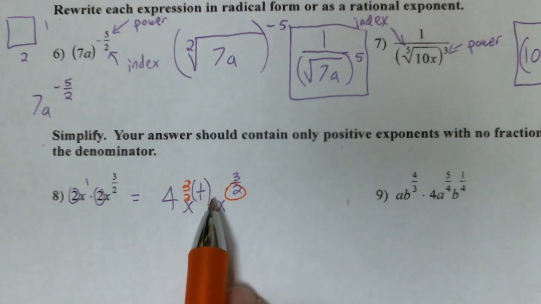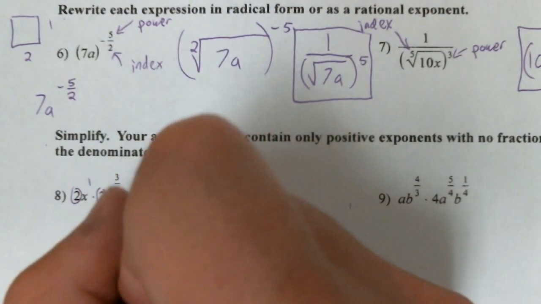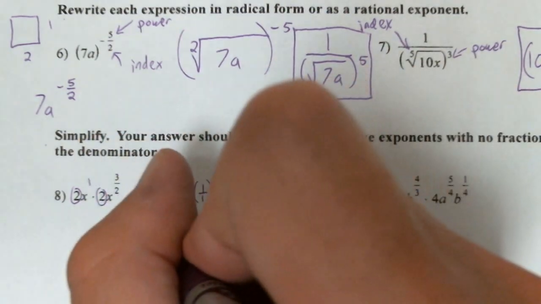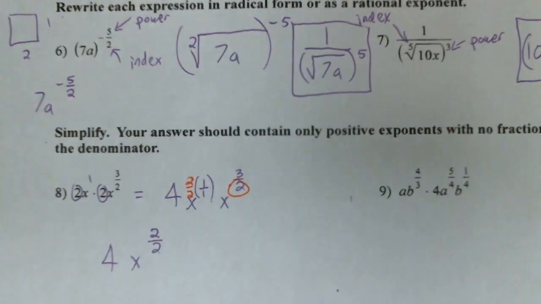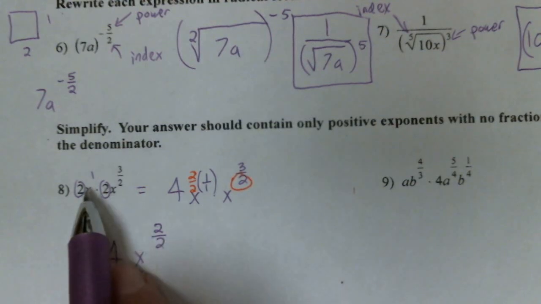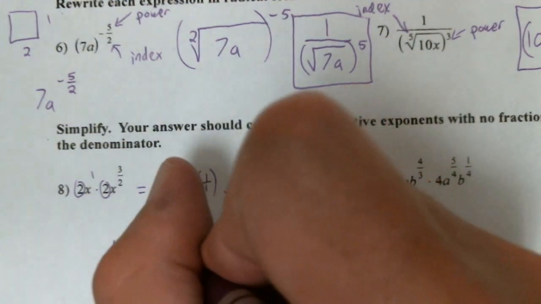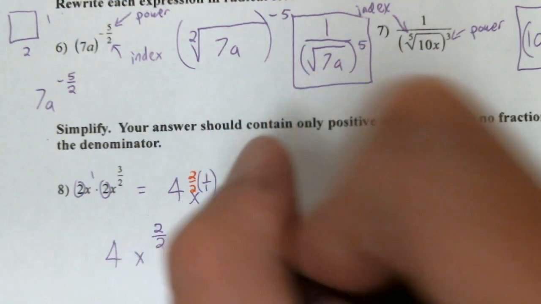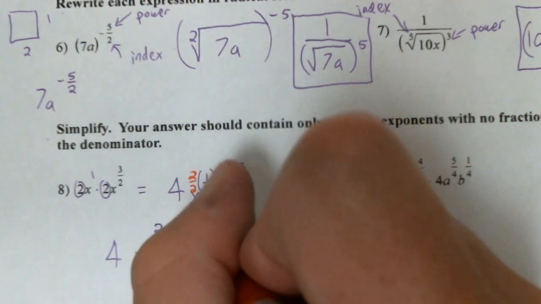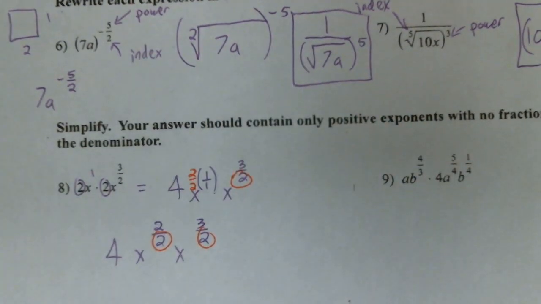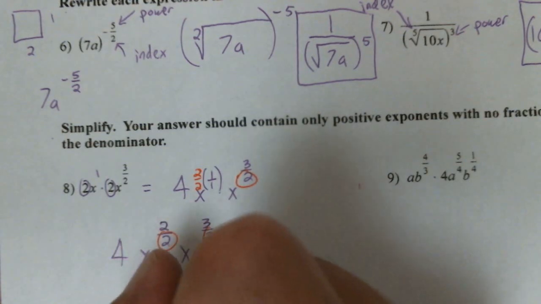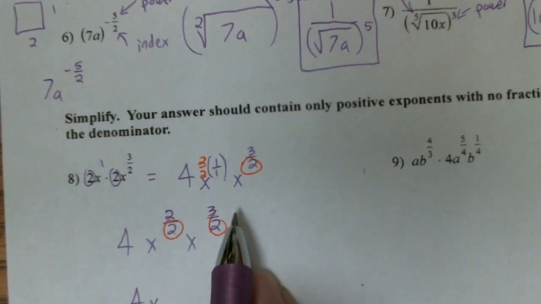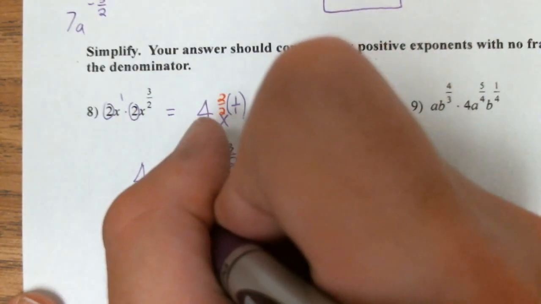I'm not changing anything, but now that allows me to have 4x to the 2/2. 2 over 2 is 1. It's still x to the 1, but now I have x to the 3/2. Now notice that I have common denominators, and now I can add these together. I'm going to add across the top, 2 plus 3, and that gives me 4x to the 5/2.